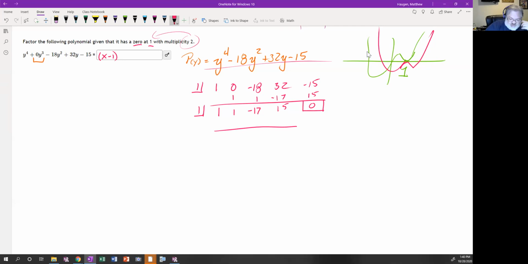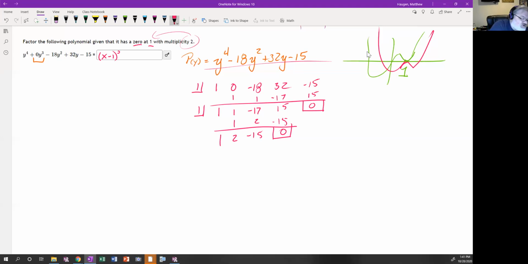We can't really do much more without either going to rational root theorem or getting down to a quadratic, and we're not at a quadratic yet. So the fact that it told us that 1 has a multiplicity of 2 allows us to know that the 1 works twice, and we can repeat this process. And that gave us a 0 again. It better have, because that's what we were told is supposed to be true.